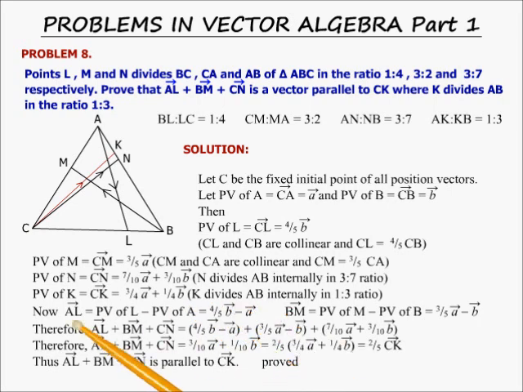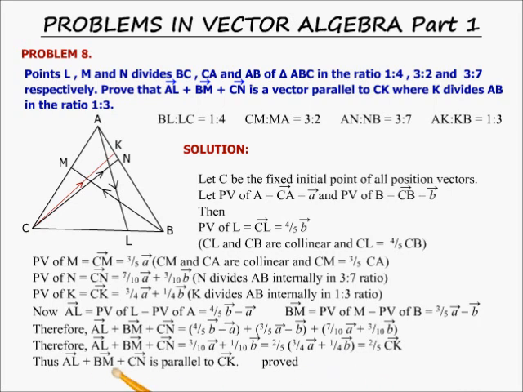Now vector AL equals the position vector of L minus the position vector of A, which is equal to 4 by 5 B minus A. And vector BM equals the position vector of M minus the position vector of B, which is equal to 3 by 5 A minus B. Therefore AL plus BM plus CN equals this, which we calculate over here, and we get it is equal to 2 by 5 into vector CK.